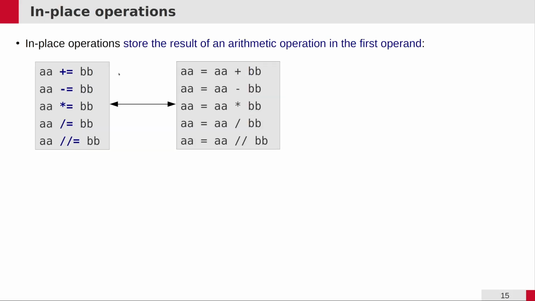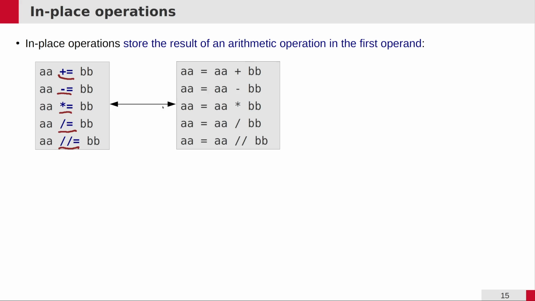Okay. One thing I want to talk about is the in-place operations, which you already actually used. I just want to make a summary of them. So basically, you can make in-place operations by writing plus equal, or minus equal, or multiply equal, or divided equal, or integer division equal.